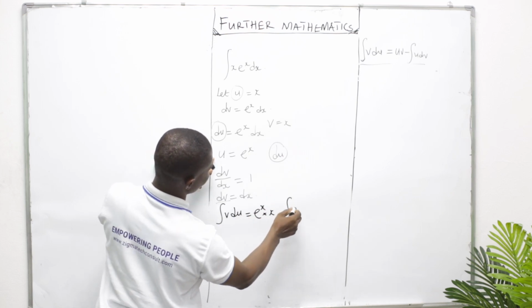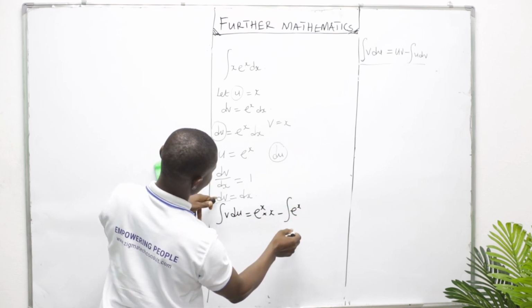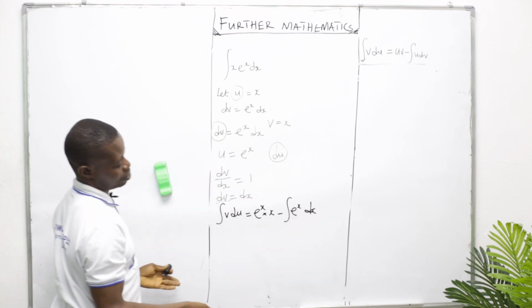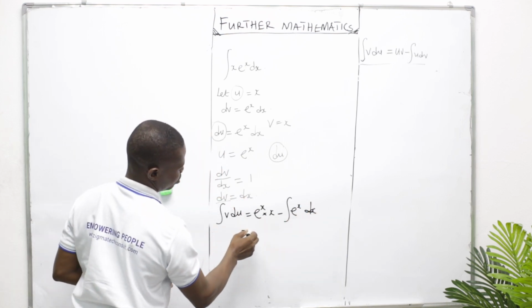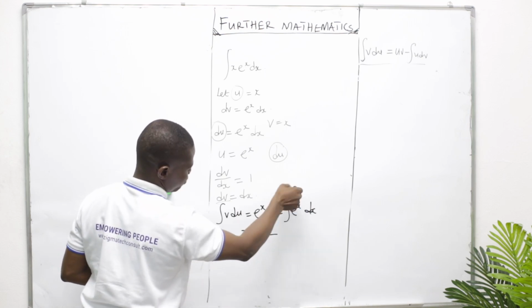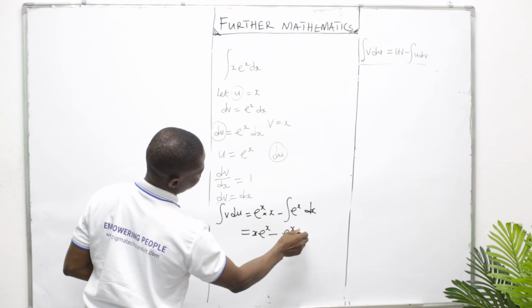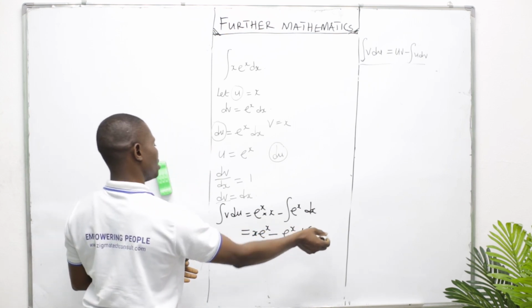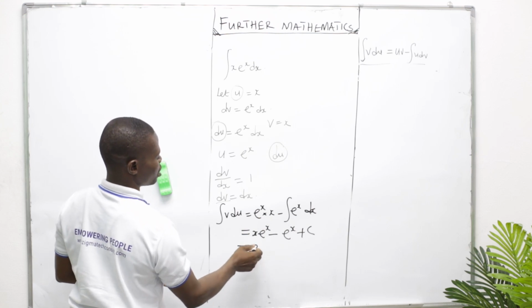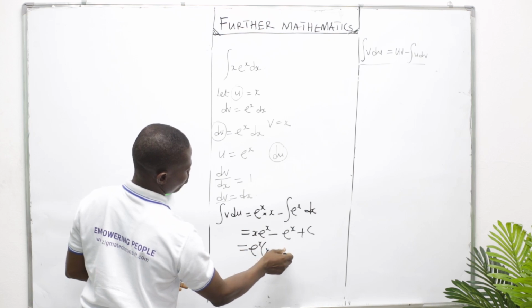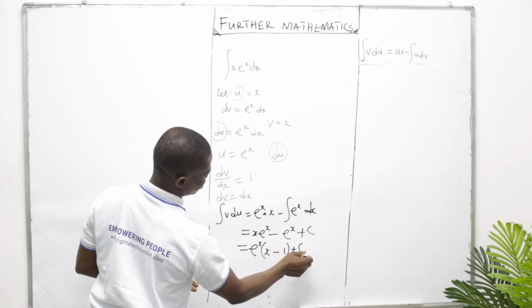Minus the integral of v du. What is our v? e^x. What is our du? dx. Simple. So what do we have now? We have x e^x minus, if I integrate, e^x plus C. So you can see that e^x is common, meaning e^x into (x minus 1) plus constant.